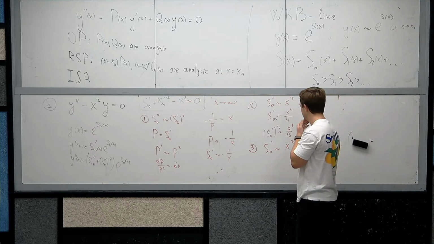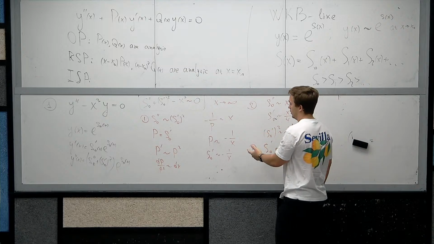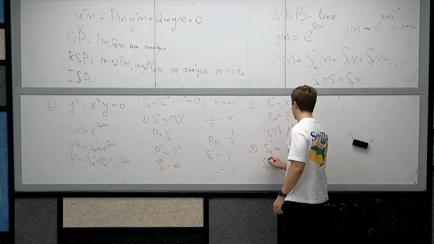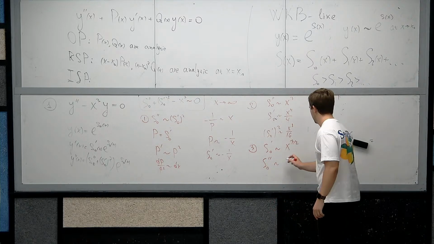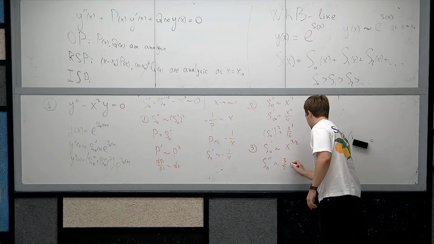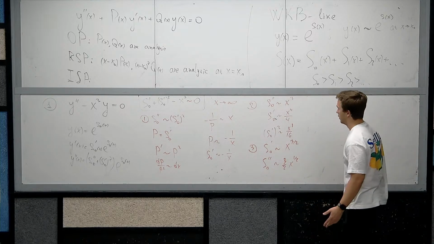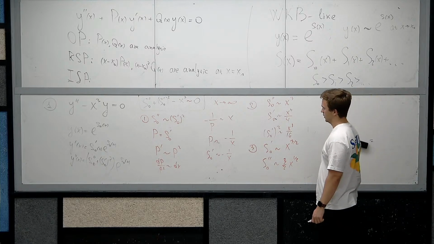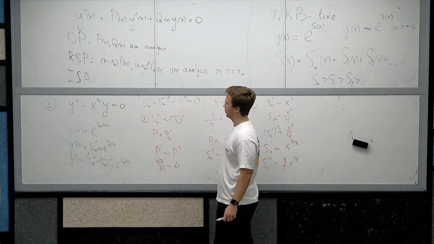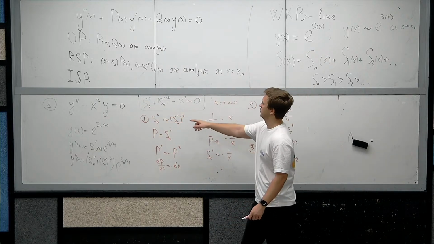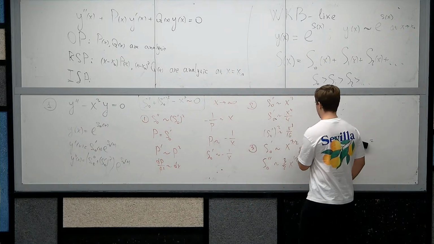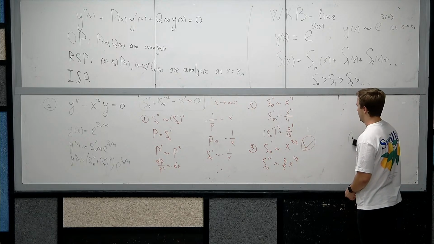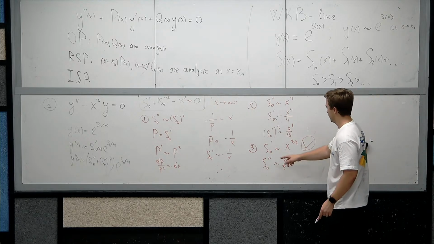And let's compare this term with this. So we need to take another derivative. It's 3/2 x to the 1/2. And it seems to be right. This grows much slower than these two terms. So therefore, this is a correct assumption.